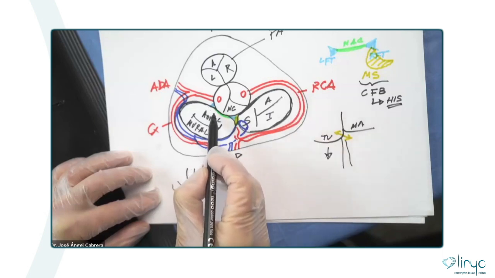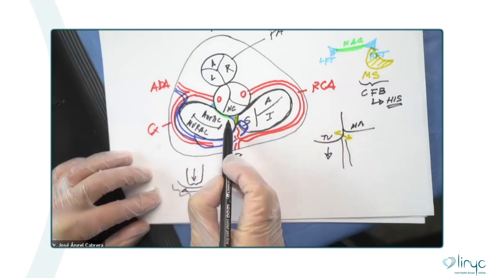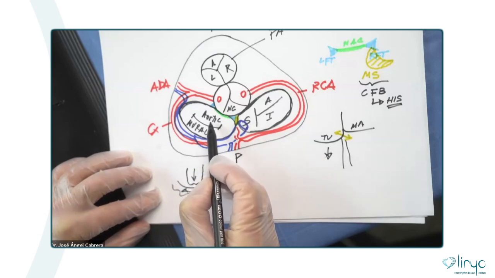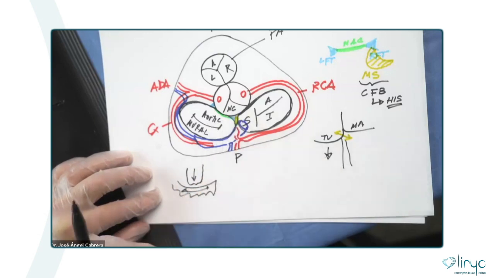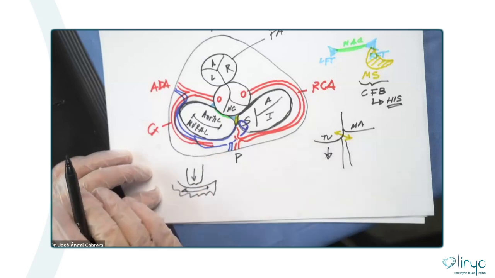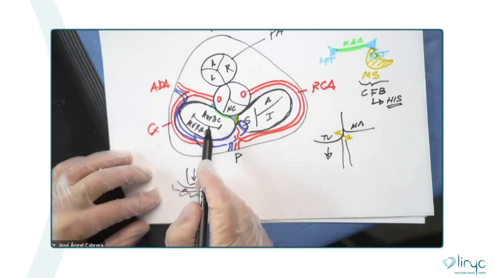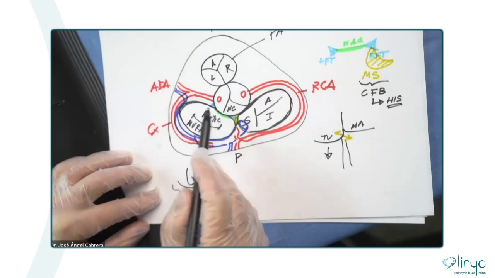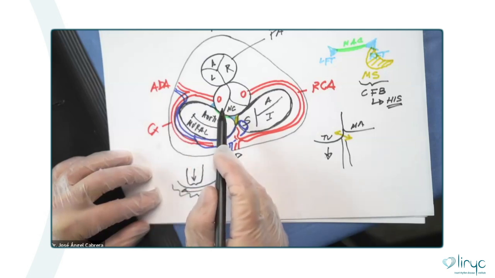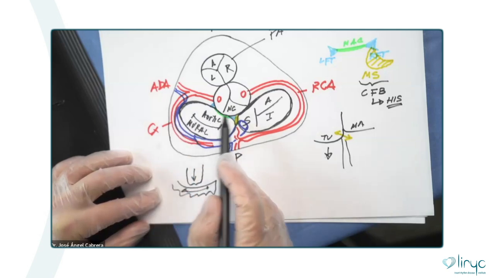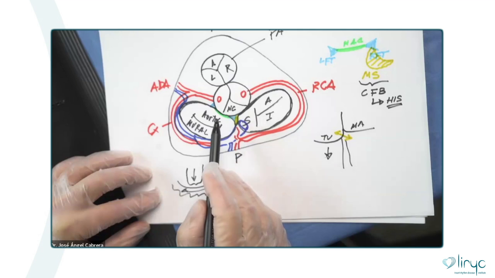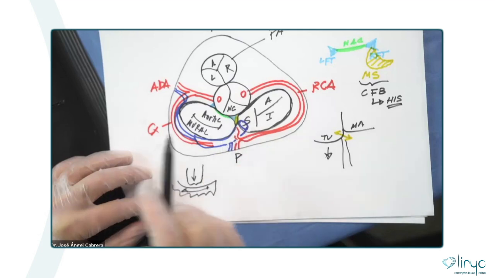And this is the mitral-aortic continuity here in green, the connection between the aortic leaflet of the mitral valve and the aorta. And this is very important because this mitral-aortic continuity is the difference between the right and the left ventricle. There's no continuity between the pulmonary valve, between the aortic valve and the tricuspid valve.